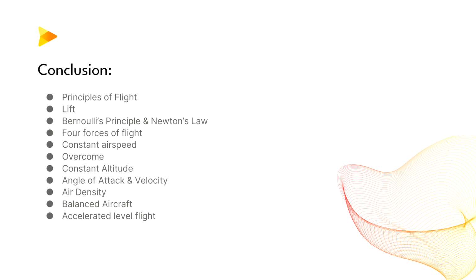Air density is slightly under the pilot's control, as the pilot can change altitude, while balancing the aircraft for fuel burn, efficiency, etc. And lastly, accelerated level flight is in equilibrium when lift equals tail downward force, and drag and thrust are also equal.